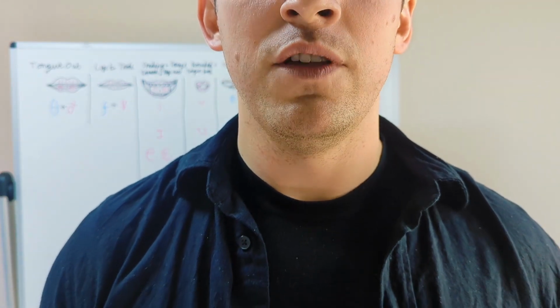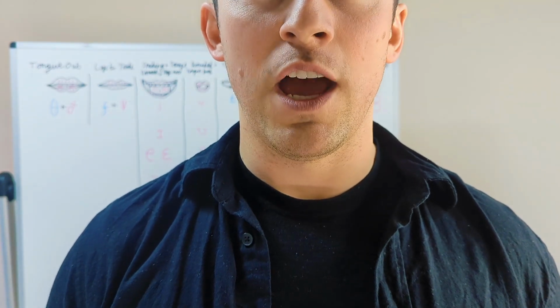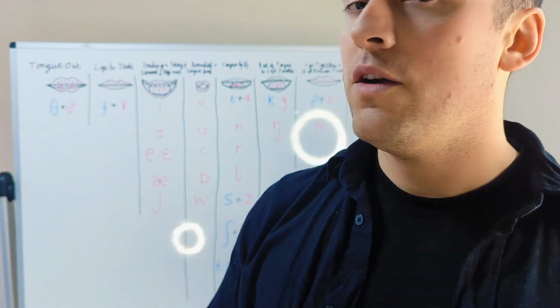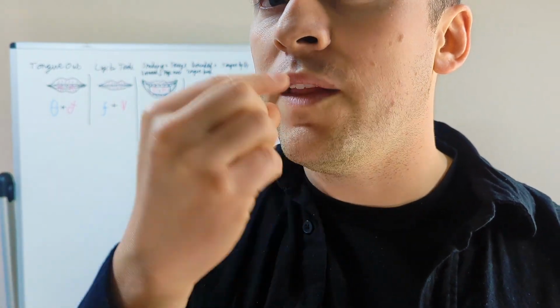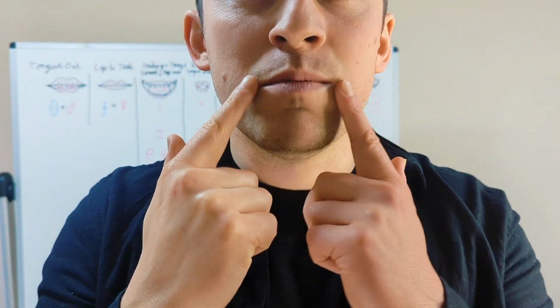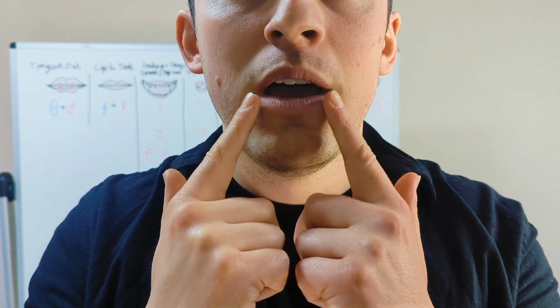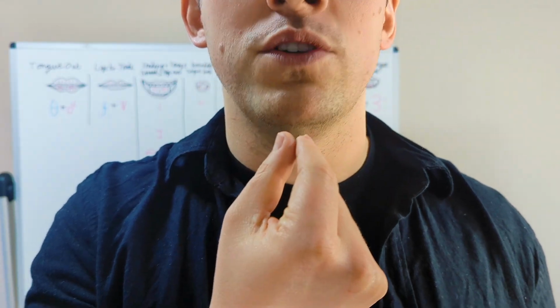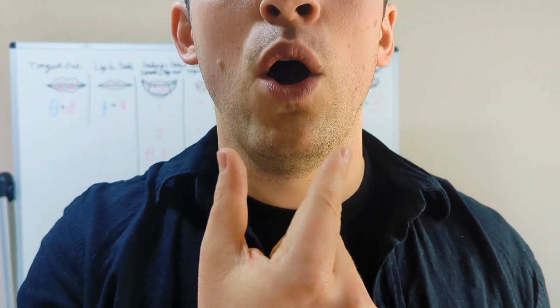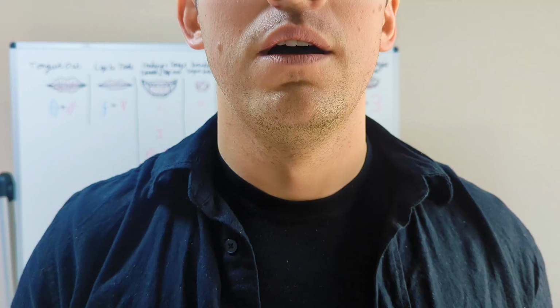Ooh. And for the ooh, you want to squeeze here, and there might be a little tension in the top and bottom, but it's mostly the sides that you want to control.